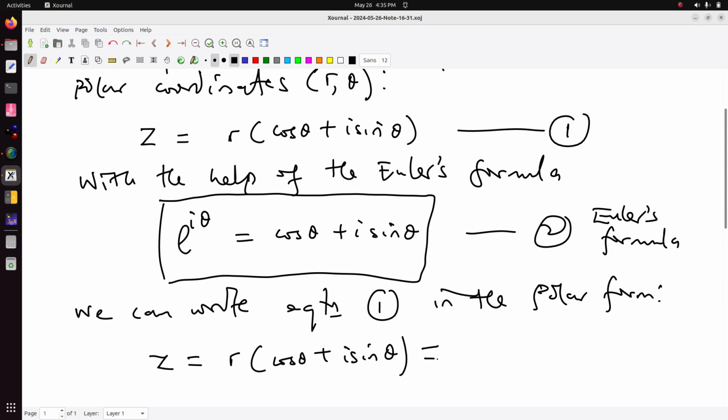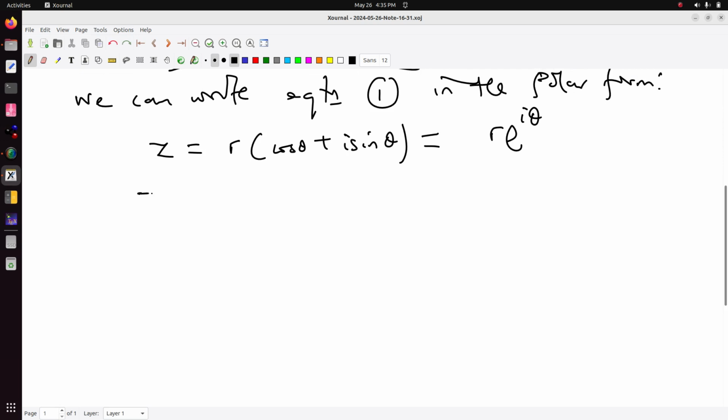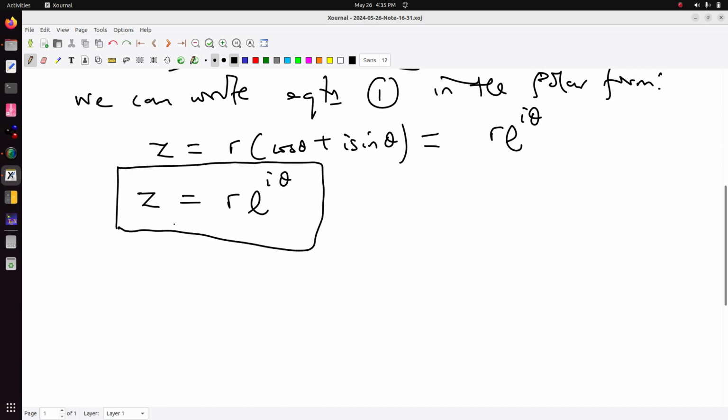If we use Euler's formula, cos theta plus i sine theta is exponential i theta. So it means we can write our complex number z as r exponential i theta. This is a beautiful expression that has huge applications, as you will see shortly.